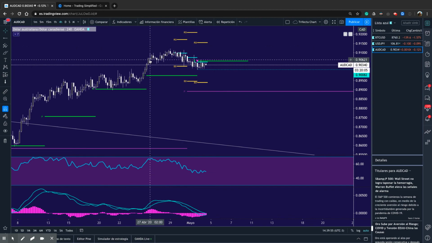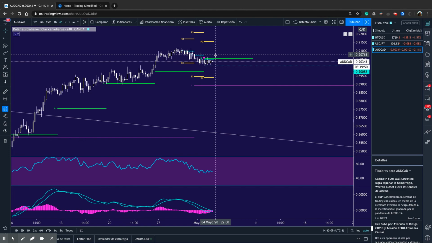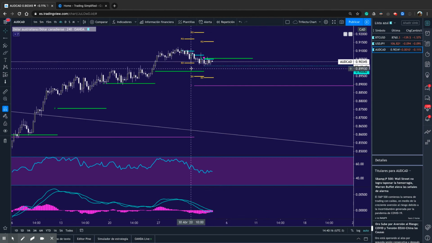But now the price is moving sideways. The buyers are not pushing onwards and the sellers are not pushing downwards. So we are in a moment of fair price.